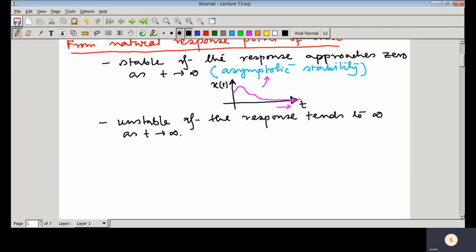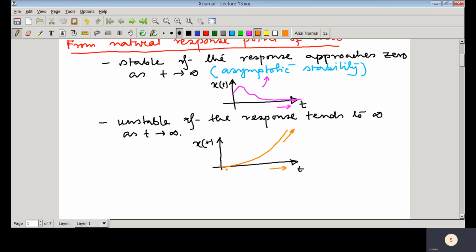So here we can see one unstable behavior like this. This is the time axis, and this is suppose one state or output. Suppose your response is going like this. Then you can see that when time tends to infinity, the response goes to infinity. This is a typical unstable response.